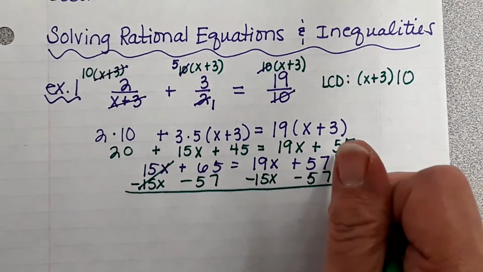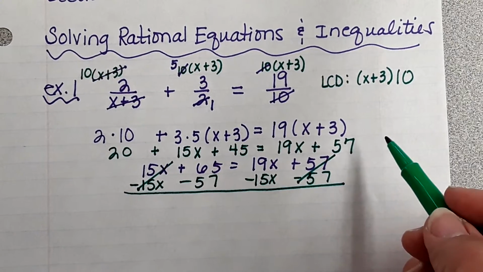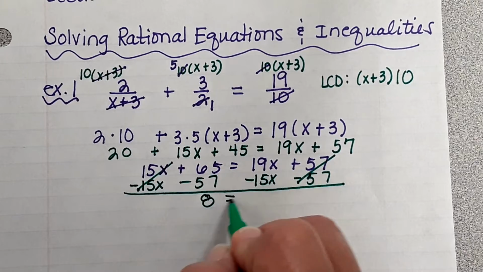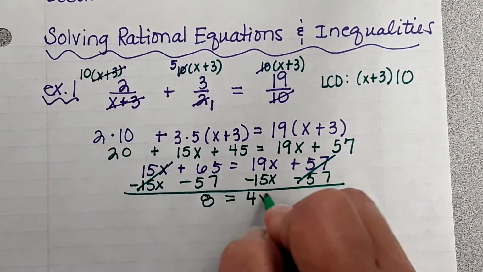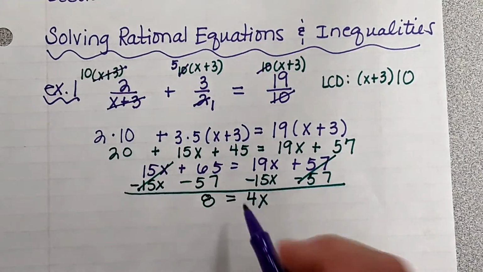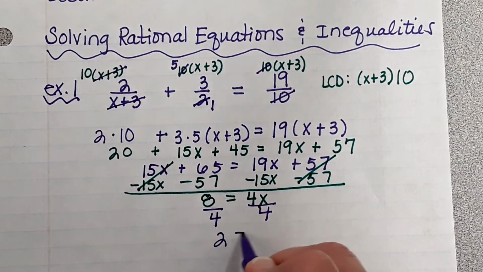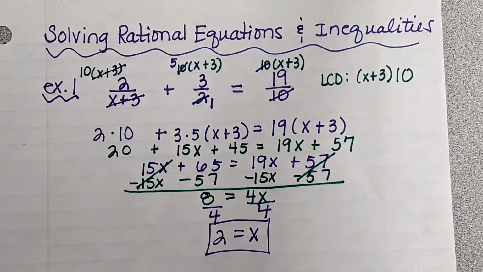These cancel out because those are like terms. 65 minus 57, 8. 19x minus 15x, 4x. Divide by 4.